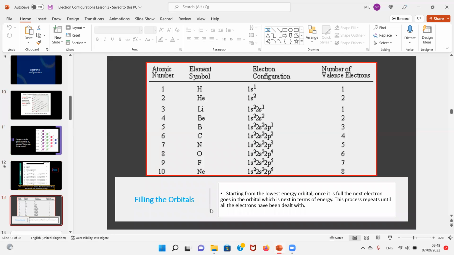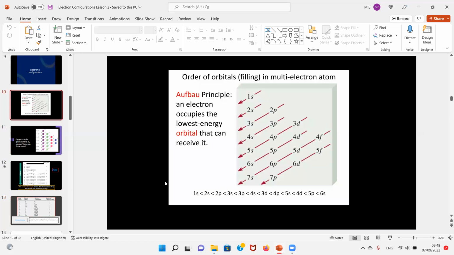So when you want to fill in electrons, as I said, the first thing you need to do is to create the order. And the order here is as follows. You don't need to write the sign of smaller than. So you can just write 1s, 2s, 2p, 3s, 3p, 4s, 3d, 4p, 5s, 4d, 5p, 6s.